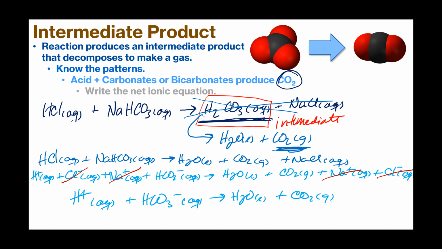Okay. It's a little bit more intense than we're used to, but it works. It follows the same guidelines. You just need to know what our ions are and how to figure this out. Okay. Let's look at the other one.